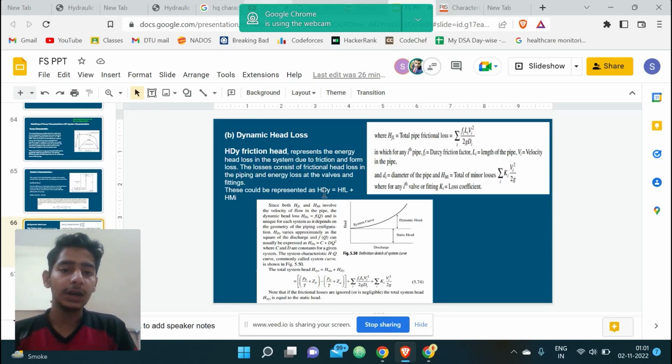Dynamic head, we know, is directly proportional to V². Now, V is the velocity in the pipe, that can be in the suction pipe as well as in the delivery pipe. We also know that the velocity is proportional to the discharge. So, from that relation, H dynamic is directly proportional to Q².